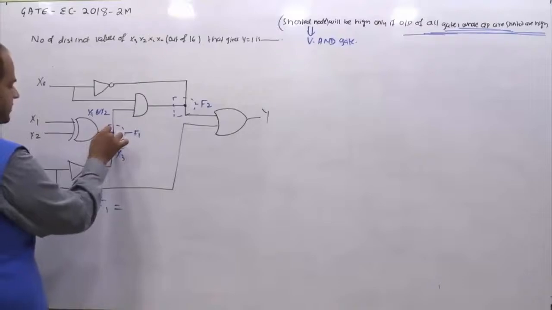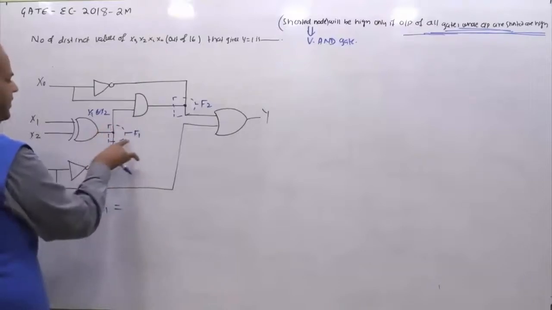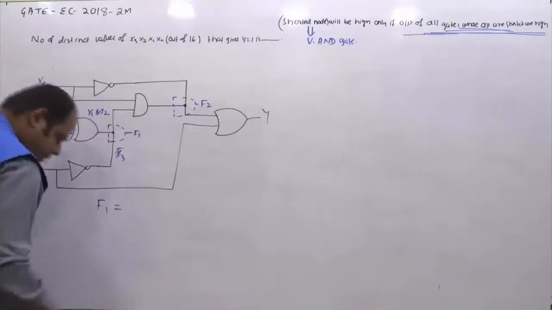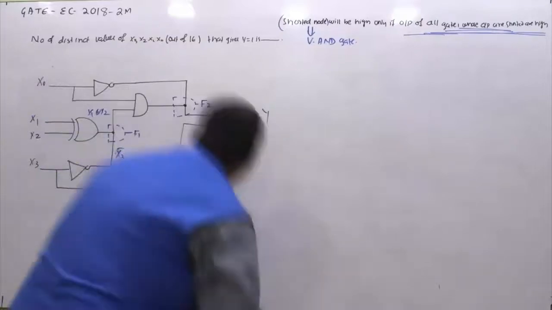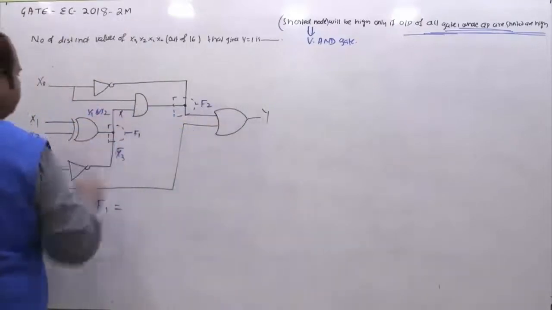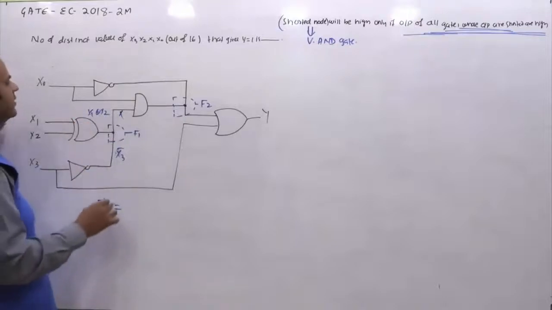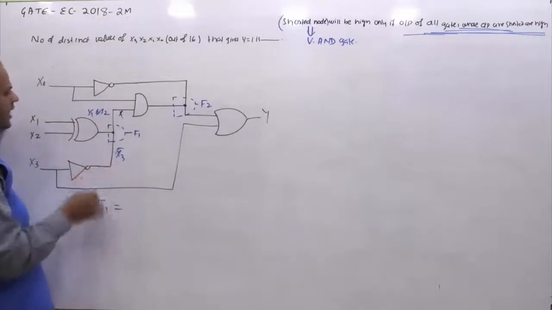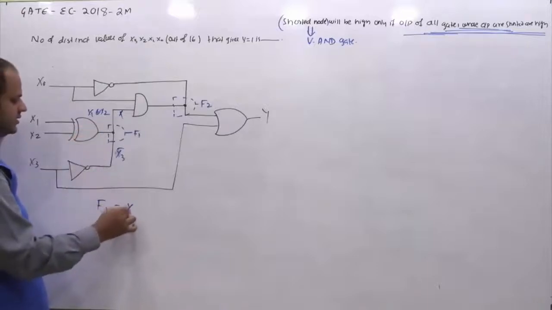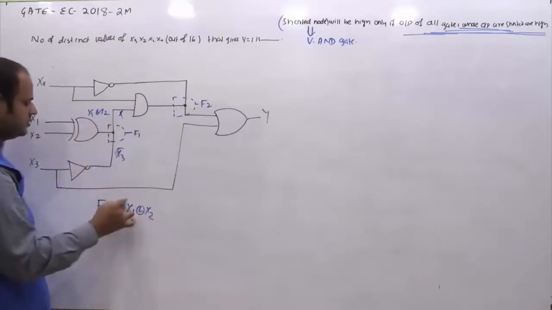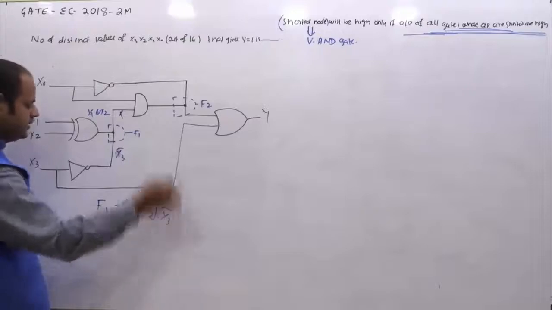Again, in this node there are three leads connected, but while writing the expression of F1, this lead will not come into the picture, because it is not the output of any logic gate. So F1 is the AND combination of this and this, that is, X1 XOR X2 ANDed with X3 bar.